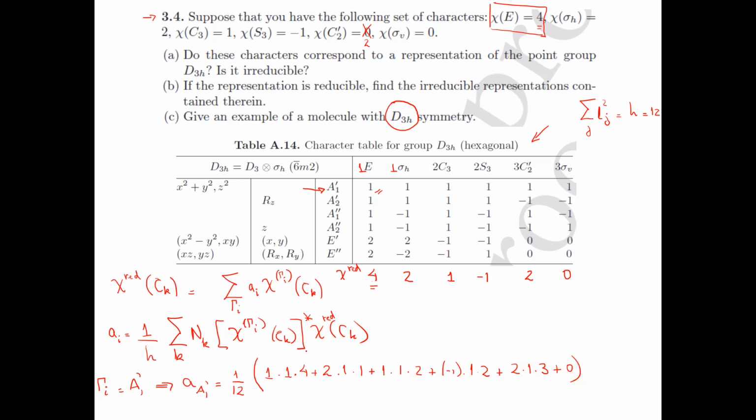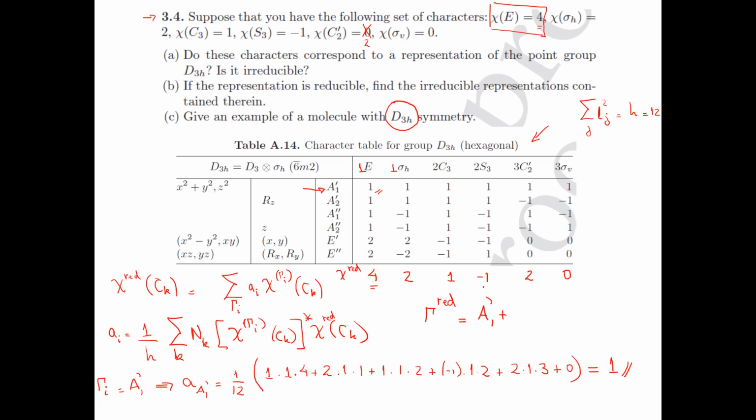Okay, so this is 4 plus 2 is 6, plus 2 is 8, minus 2 is 6, plus 6 is 12, divided by 12. This is 1. So that means this reducible representation, gamma reducible, contains the A1 prime just once. So it's A1 prime plus other representations here.